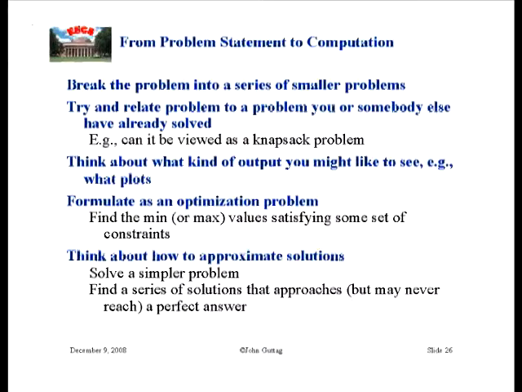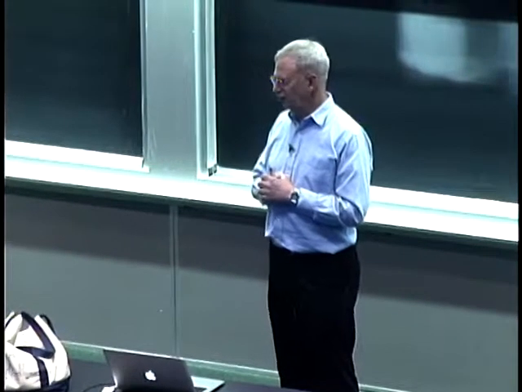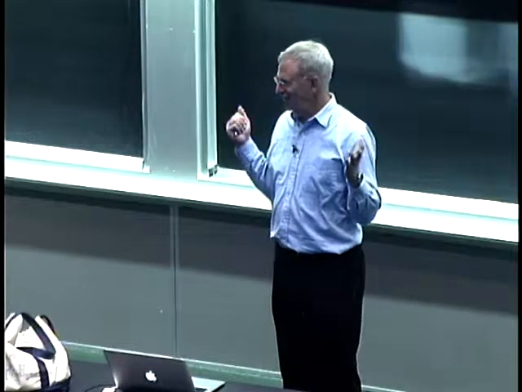I type Python shortest path, and I see what code pops up on my screen. But I can't do that until I've realized, oh, it's really a shortest path, or it's really a knapsack. If I type Python select courses, I won't get anything useful.